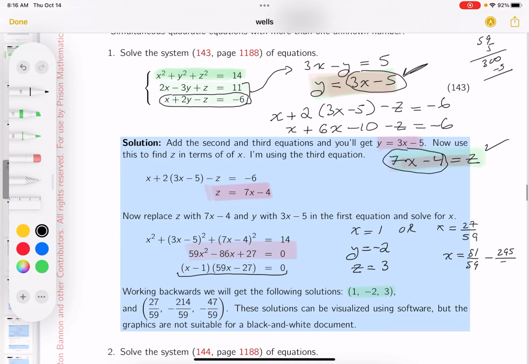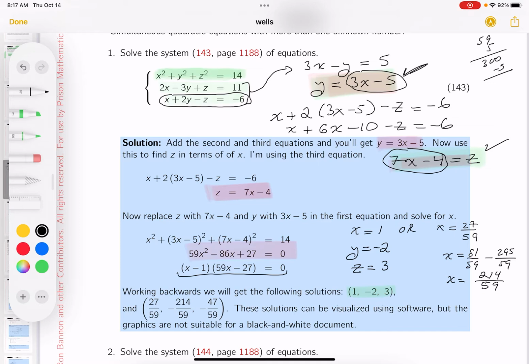Again, we have an answer key to look at. It's more work. It's 59. And let's see, 81 minus 295, that's going to be minus 214. Let me make sure that's right. Yeah, that's good. All right, so I got the x.